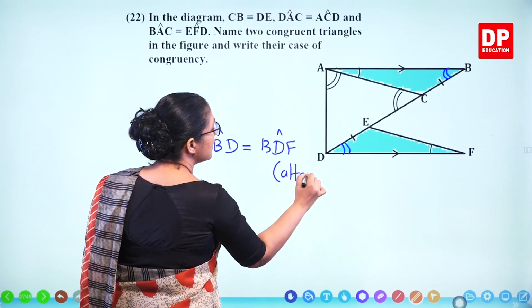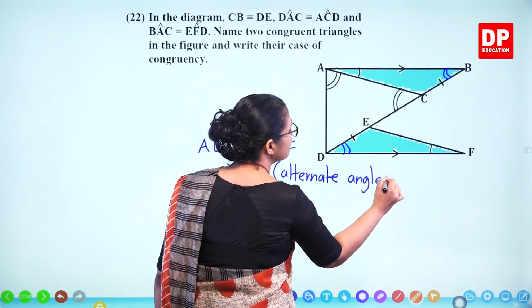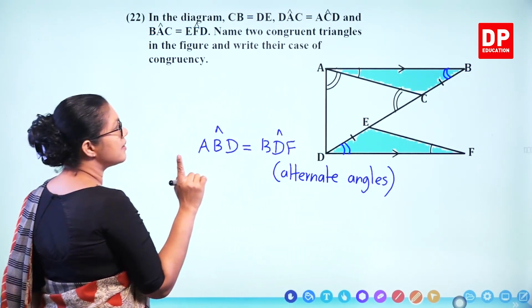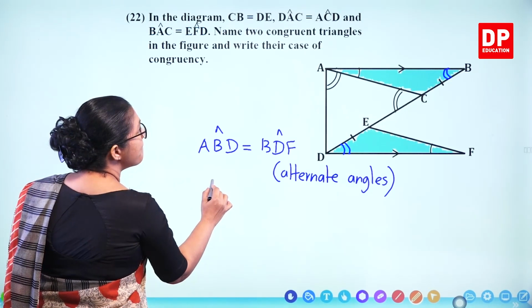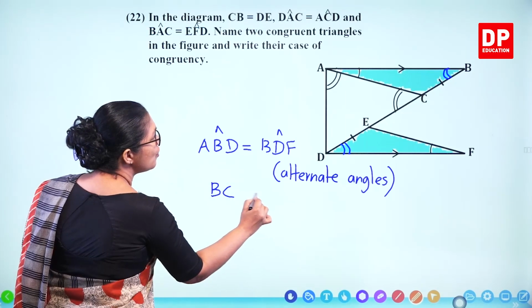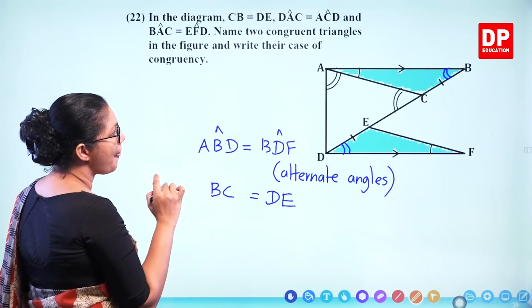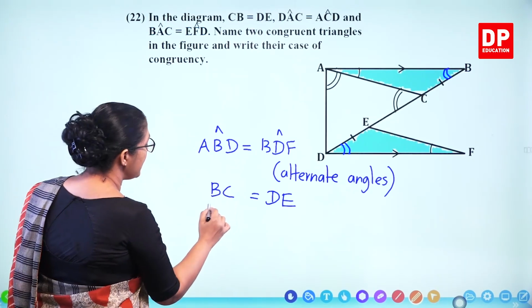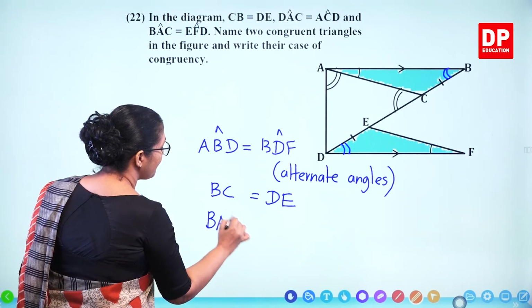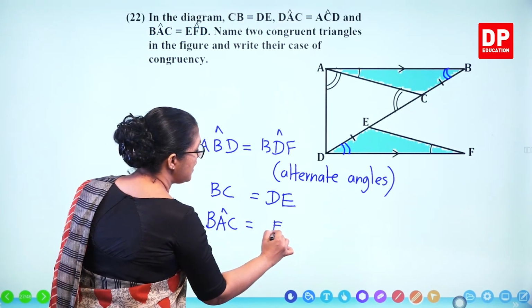Alternate angles. And already given BC is equal to DE. That's given. And also given BAC angle is equal to EFD angle.